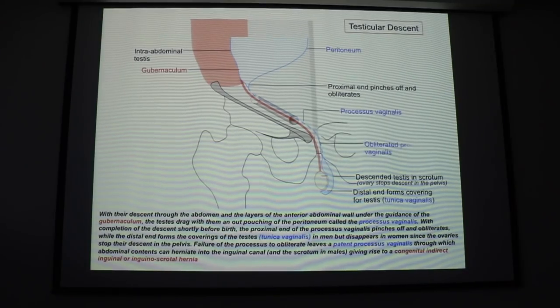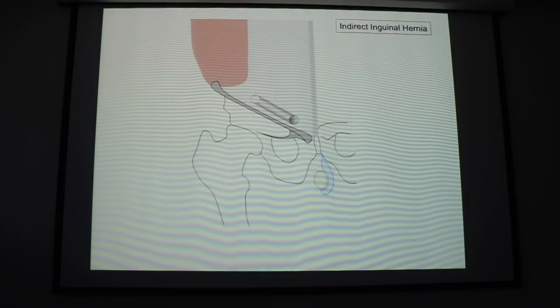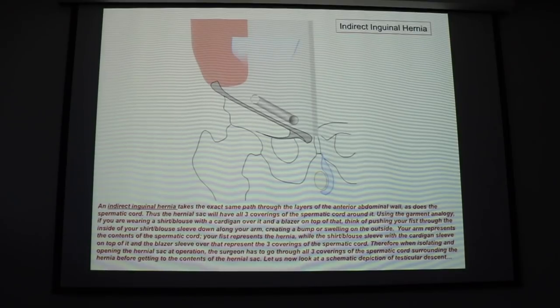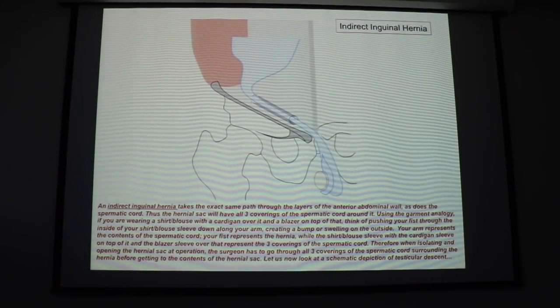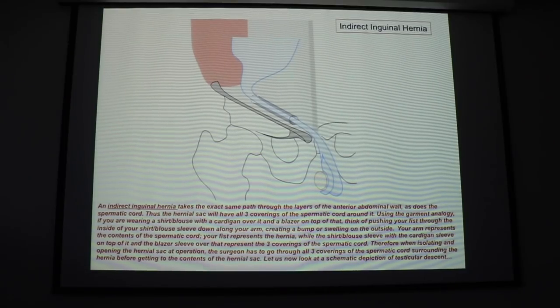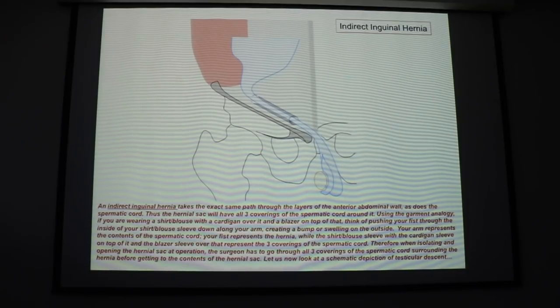Now let's see what happens here. You agree with this situation? Osama, look here. Someone has a hernia. By definition, we were told that if a hernial sac passes through the deep ring, through the superficial ring, through the canal, we call it an indirect type of hernia.